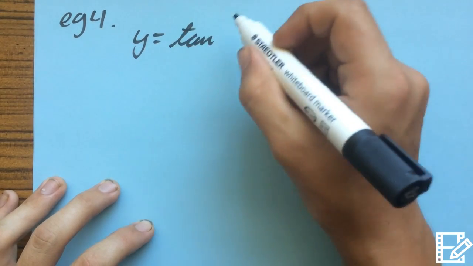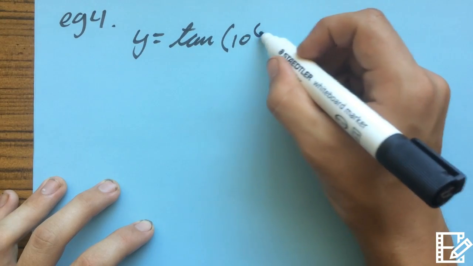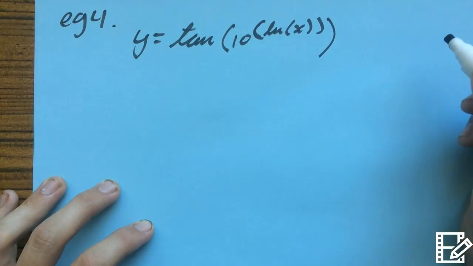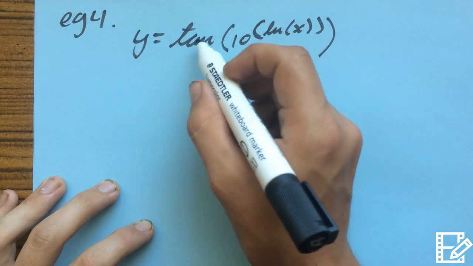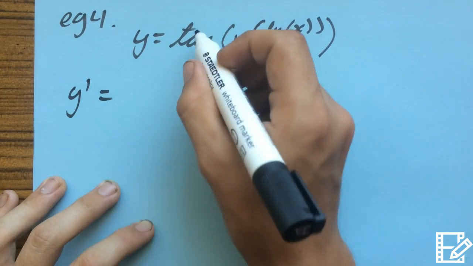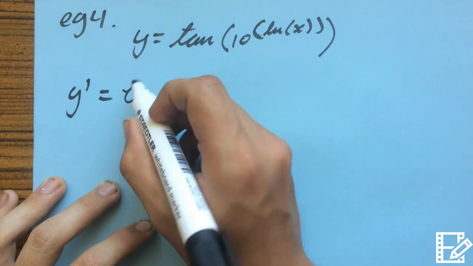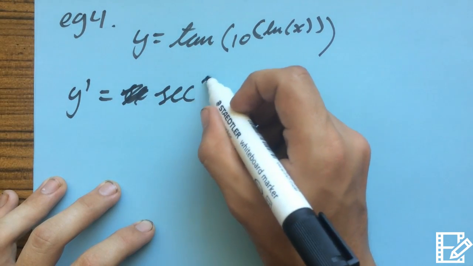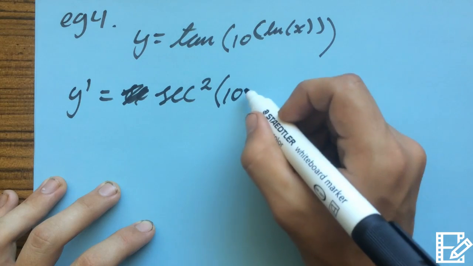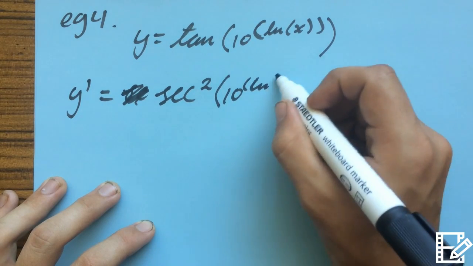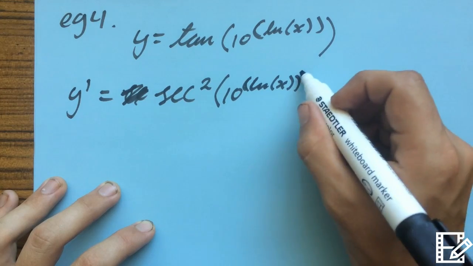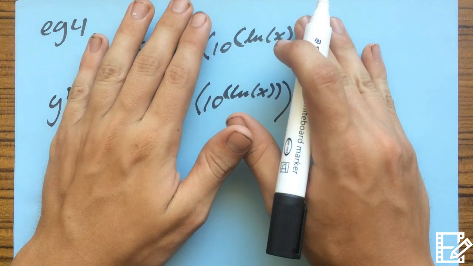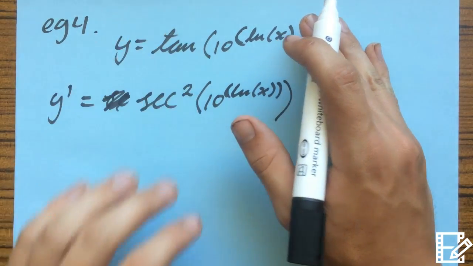So let's have tan of 10 to the power of ln of x. So we have our first, the outermost function. We derive that first, which becomes sec squared. We'll leave the inside the same. And then we derive the second innermost function, which is 10 to the power of ln x.